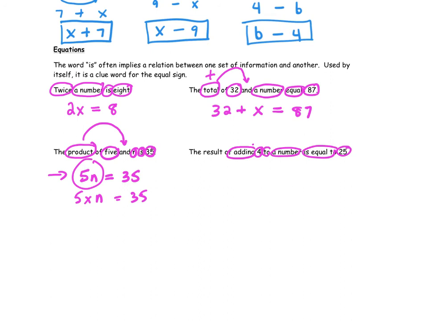They're saying I'm adding 4 to a number. So they want me to start with the number, which we're going to call x. I'm adding 4 to it, and that's going to equal 25. Again, this phrasing right here, "adding to," these two words right here, imply that we have to switch the order.